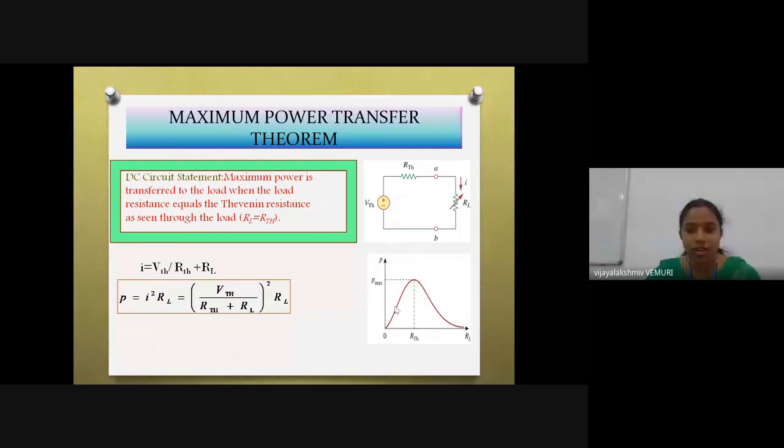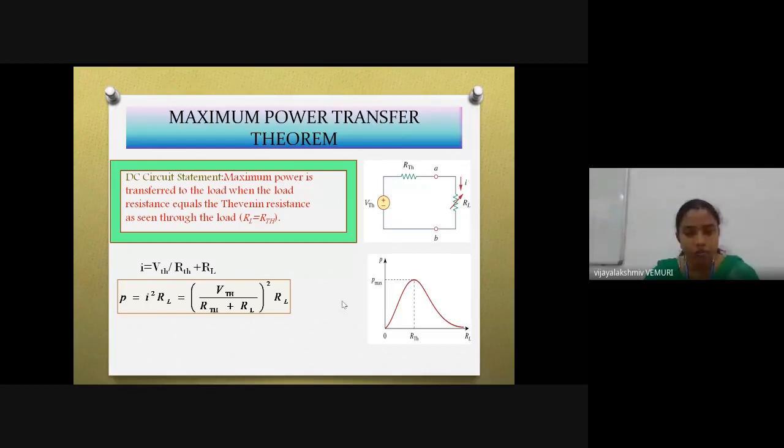It starts from 0 as the RL value is increased, and when it reaches the value of RTH, maximum power is transferred. When the RL value is increased further, the power starts reducing and goes to 0. When RL is infinite, there is no question of current, and no current means no power. That is why it goes to 0 again.